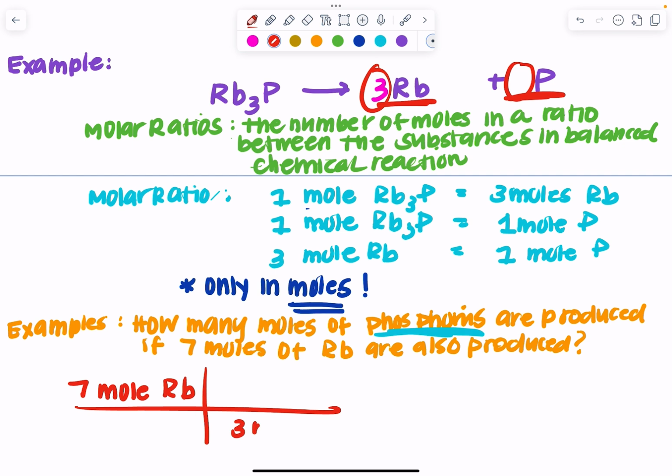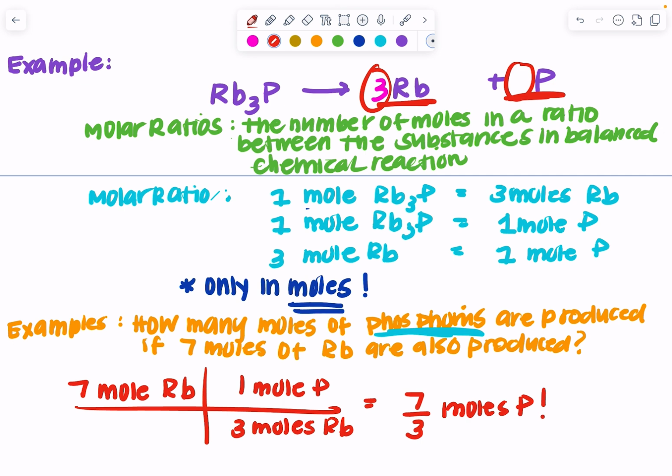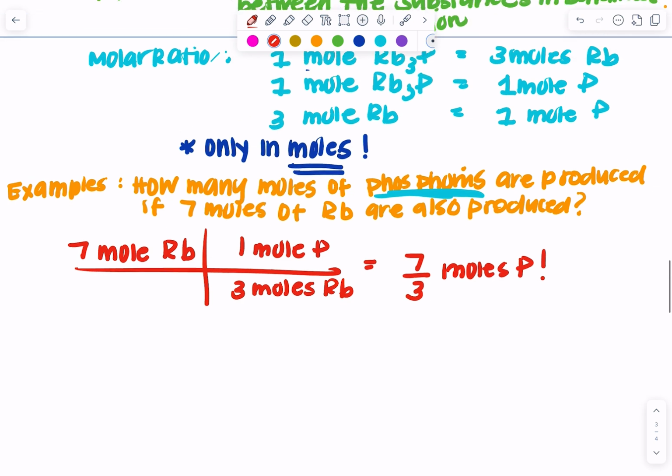So we're going to put 3 moles of rubidium on the bottom, 1 mole of phosphorus on top. And once we do that math, you can just leave it as a fraction just for now. But you should have 7/3 moles of phosphorus, should be like around 2 point whatever.